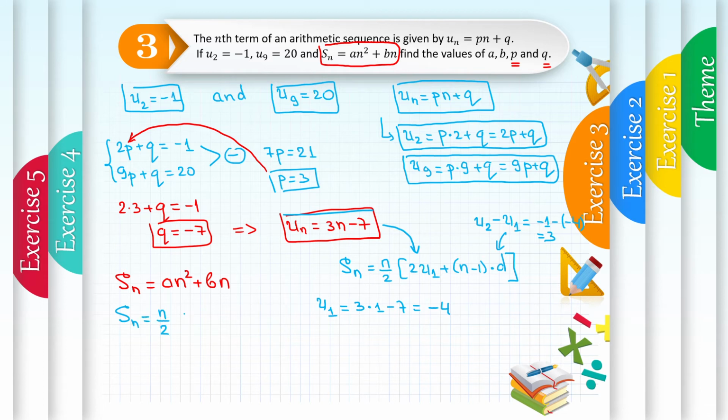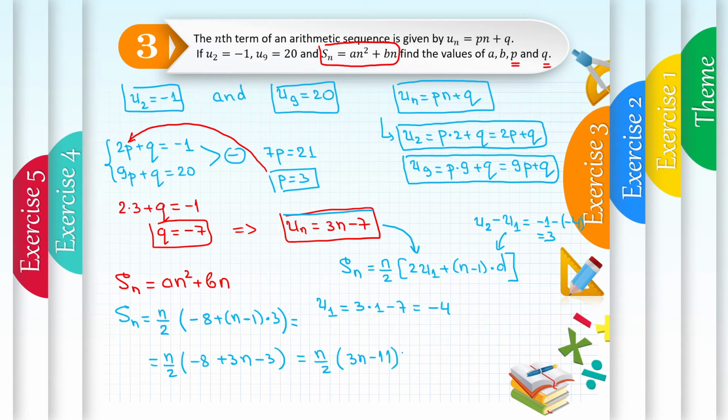So, having u sub 1 and having d, we obtain by the formula that S sub n is equal to n divided by 2 multiplied by (minus 8 plus (n minus 1) multiplied by 3), which will be equal to n divided by 2 multiplied by (minus 8 plus 3n minus 3), or n over 2 multiplied by (3n minus 11).